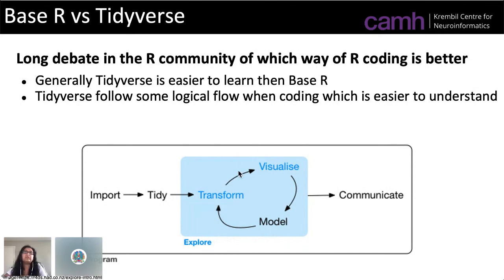Then we can also visualize the data. ggplot is part of the tidyverse universe, which helps you plot the data that you want. Then the model, so any analysis that you want to do. And it becomes an iterative process depending on what data you want and how you want to format it.